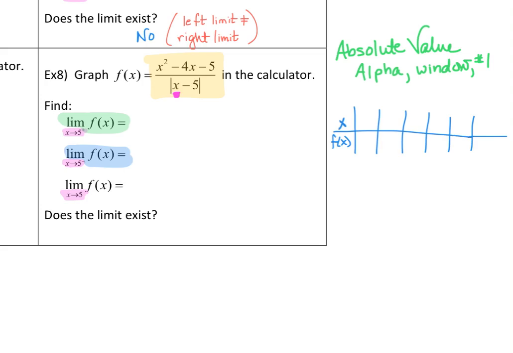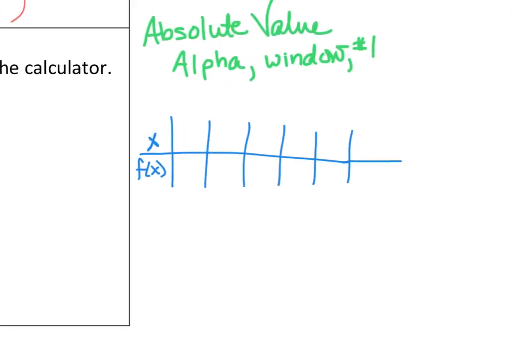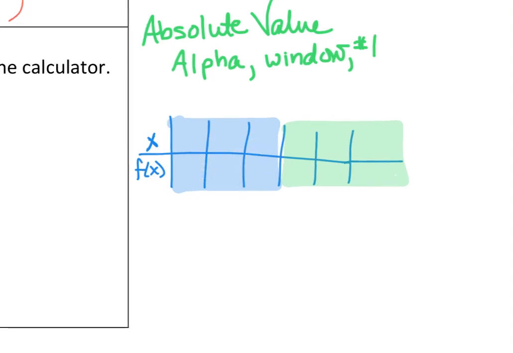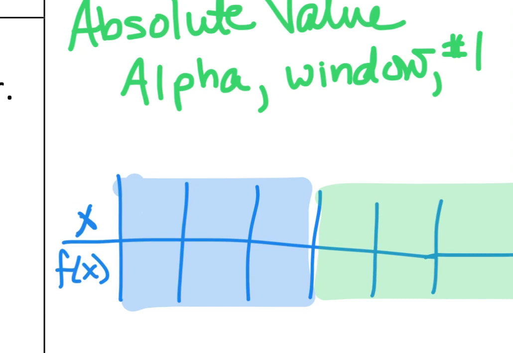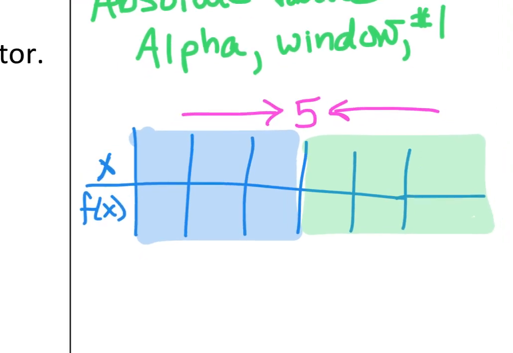So the green is approaching from the right. That'll be this side of the table. Oh, I didn't put the number on top yet. I'll come back and do that. And the blue is approaching that number from the left. What number, you might say? Well, the number 5. We're approaching it from the left and from the right.